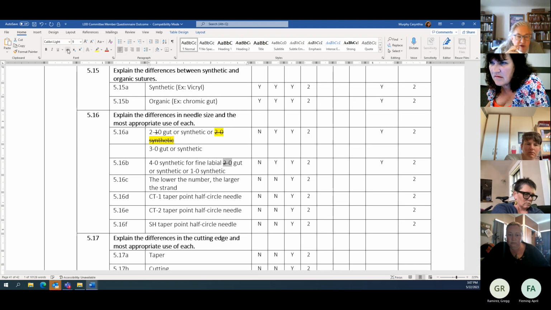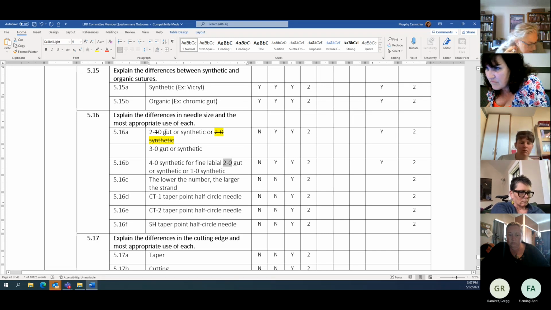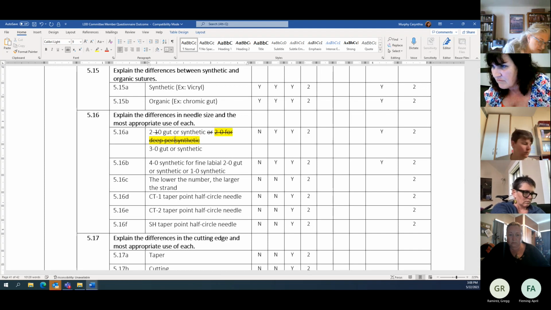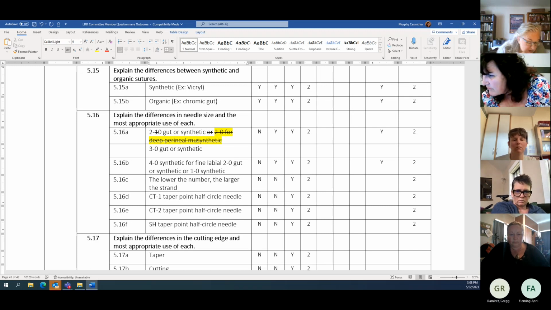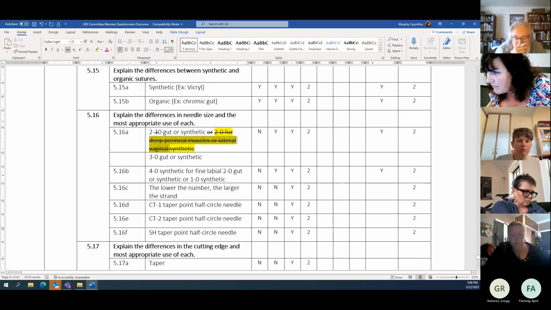So 5.16 could say, that way they're in numeric order, 2.0 gut or synthetic for deep perineal muscles or lateral vaginal wall injuries. Basically, 2.0 is for rectal, anal, not even for deep perineal muscles, really.